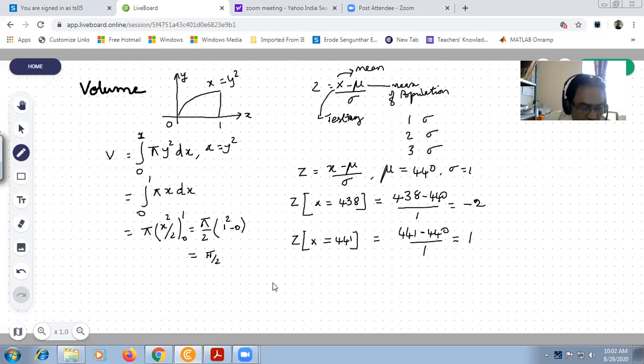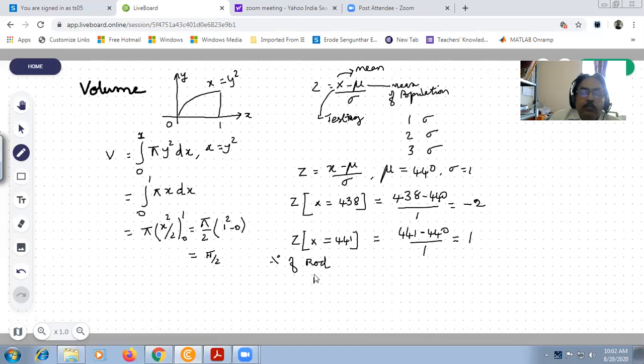So what we have to find is the percentage of rods whose length lies between 438 and 441.